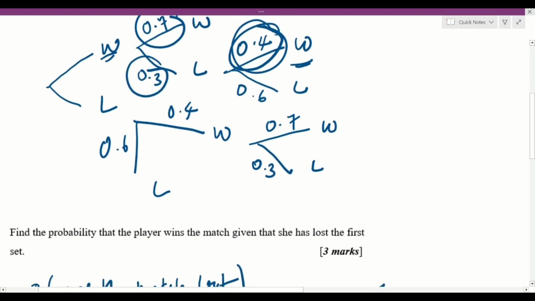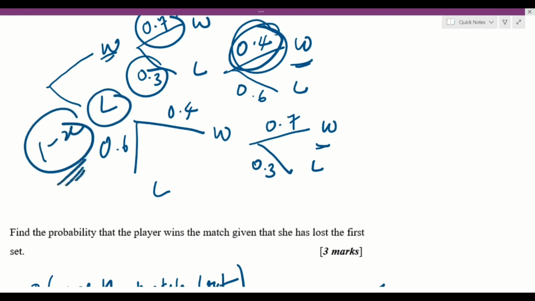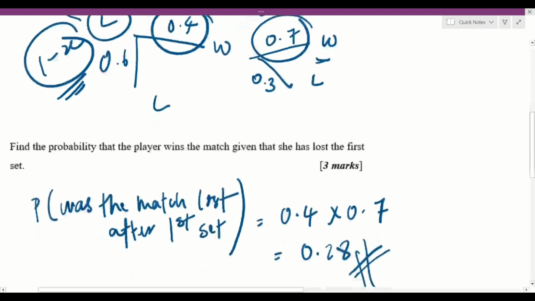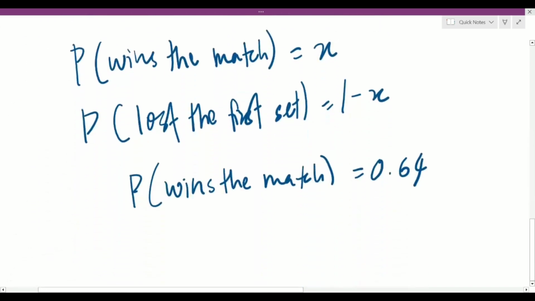Then we need to find another win here. Here there's a win, right? Here they lost, so we have to put 1 minus x. So that means 1 minus x multiplied by 0.4 times 0.7. Okay, so let's get to the solution.